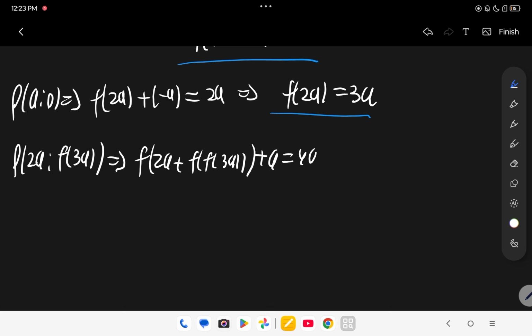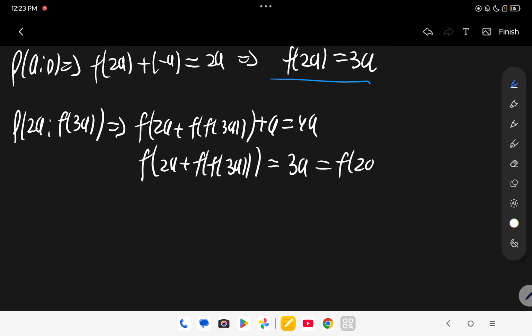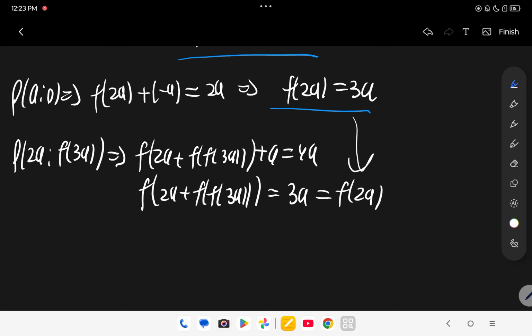So we get f(2a) plus f(3a) equals 3a, which we know is equal to f(2a) from here.